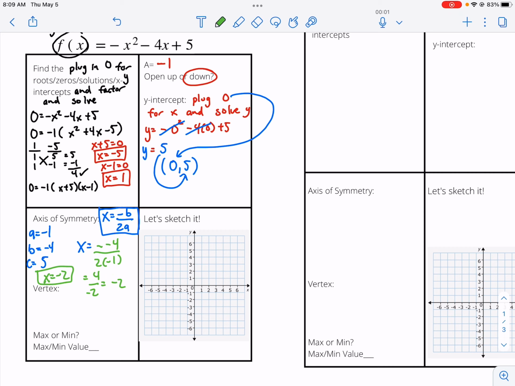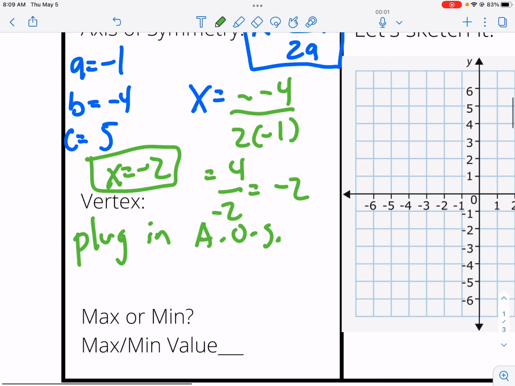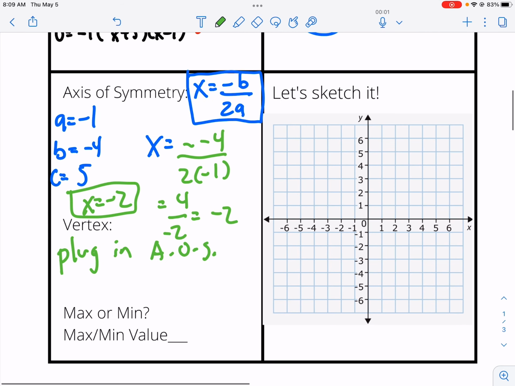To find the vertex, we'll plug in our value, plug in the axis of symmetry. So here's our equation from the top. Y is equal to negative parentheses negative 2 squared minus 4 parentheses negative 2 plus 5.